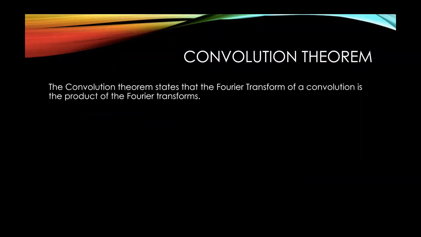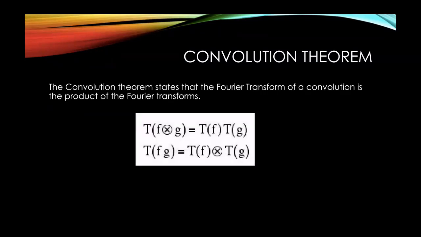So for a moment, let's forget everything and go back to Signals 101. There, we studied about the convolution theorem, which states that the Fourier transform of a convolution is the product of the Fourier transforms. That is, T of integral of f into g is equivalent to T of f into T of g, where T is the Fourier transform.